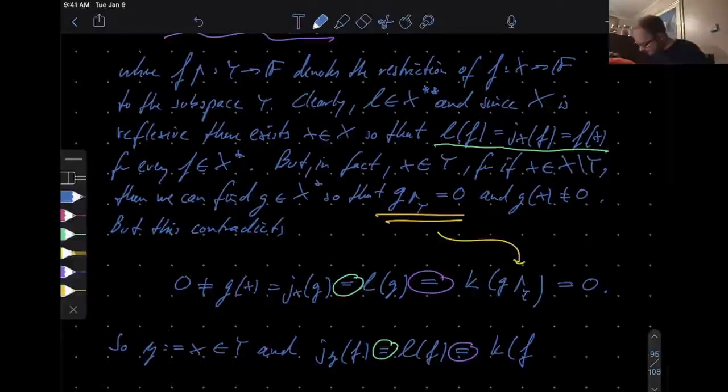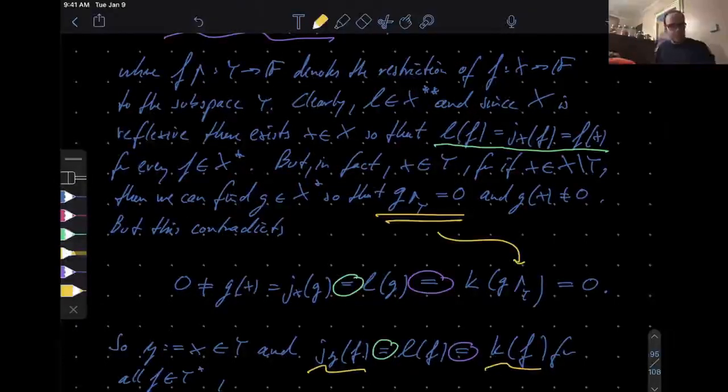But if I write this equality for all f that are linear functionals on y already, then I don't need the restriction. But this is precisely what we wanted, that our k of f is equal to some j sub y. That is it.